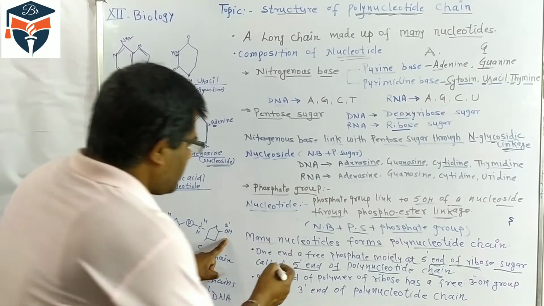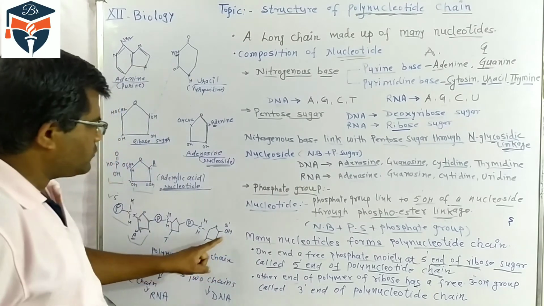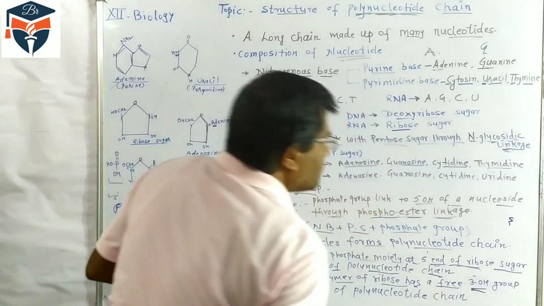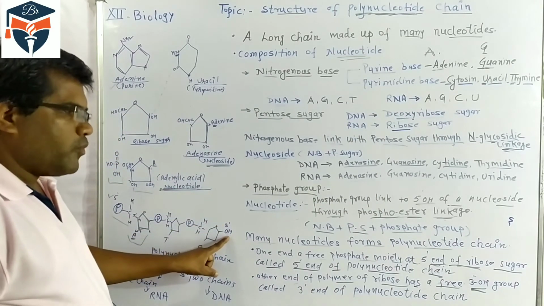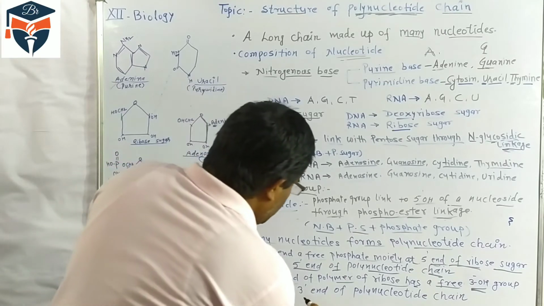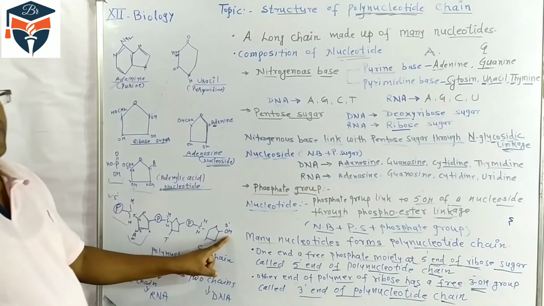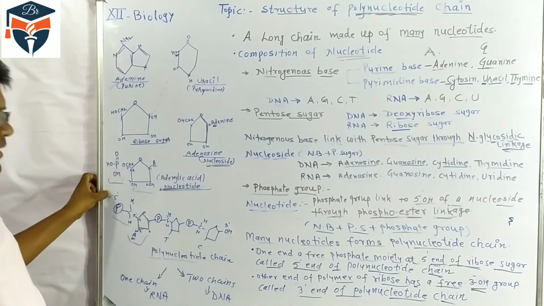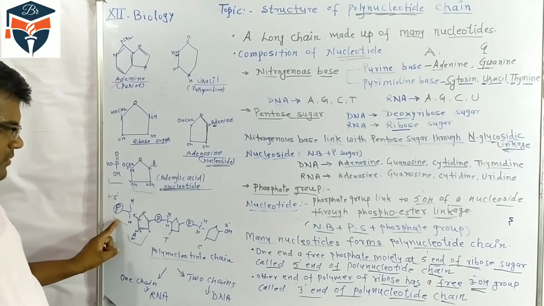But the other end of the polymer of ribose sugar has a free 3rd OH group. So at the third carbon atom there is an OH group, it is free, and it is called the 3rd end of the polynucleotide chain. So in this polynucleotide chain, one end is the 5th end, where the phosphate group is attached.